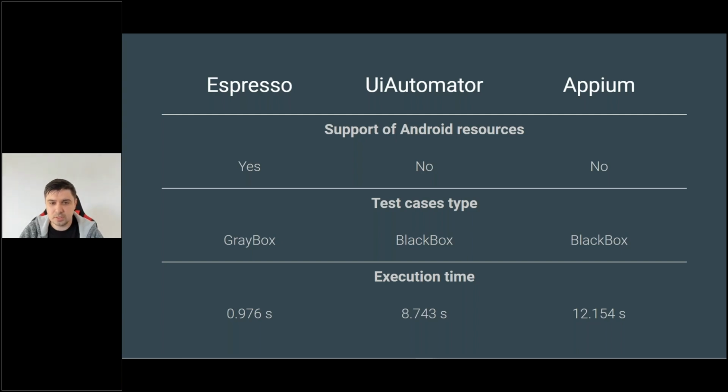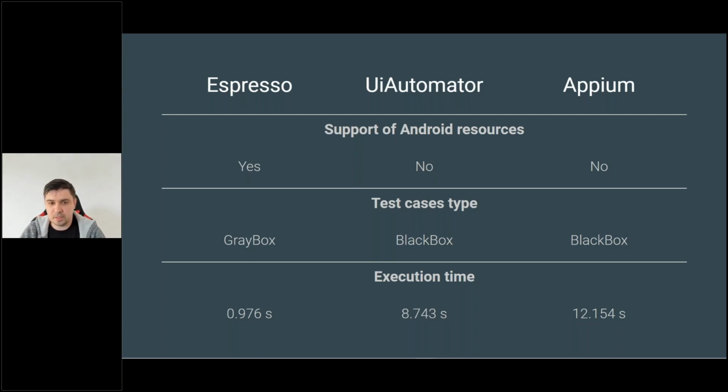This time, it's of course average time, but this suite tests the same stuff. So as you can see, Espresso is much faster, and with Espresso it was less than a second. With UI Automator it was almost 9 seconds, and with Appium it's more than 12 seconds. So if time execution is super important, the best choice is Espresso.